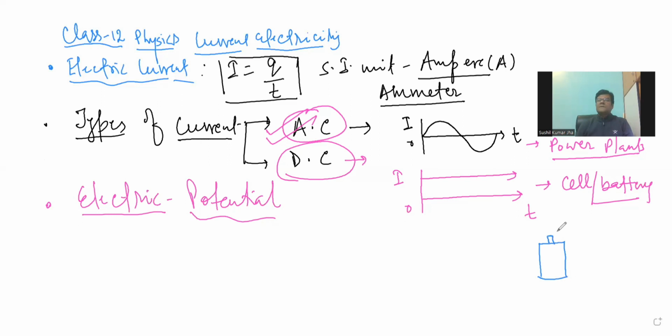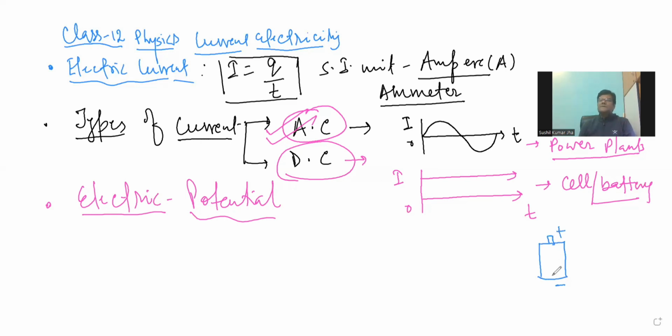And on this battery you may find the positive and negative terminals marked. This chemical energy of the battery provides us the electric current. So basically this is a conversion of energy, chemical into electric.